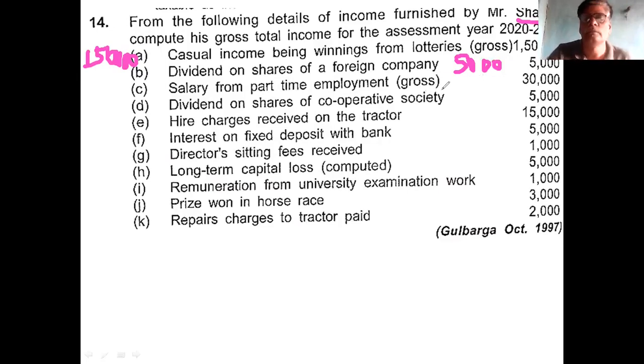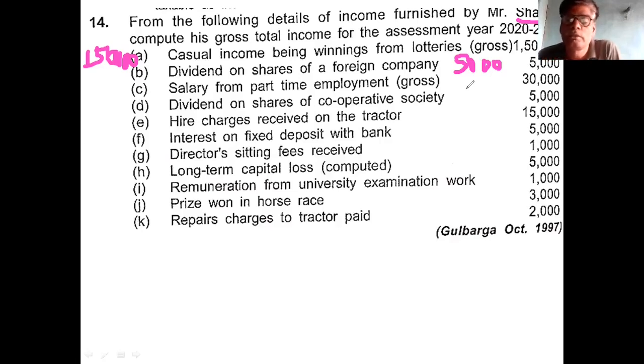This is the first head of income. You take gross salary in the middle column. You take one particular column, 3 amounts column. In the middle column, you write 30,000 gross salary, and less deduction under section 16 subsection 1A.